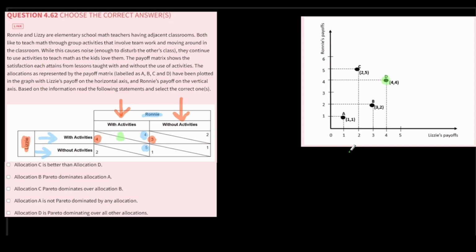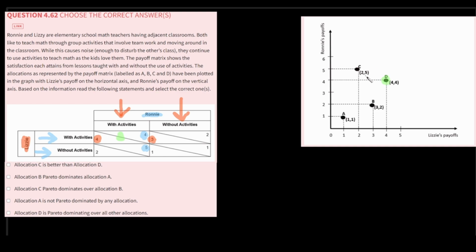Okay. Let's now go work through our potential comments and figure out which one is correct, which one's true. So we have allocation C is better than allocation D. Okay, let's take a look. C is right here, saying C is better than D. Well, it's not a Pareto improvement.